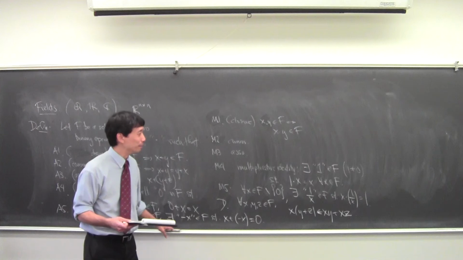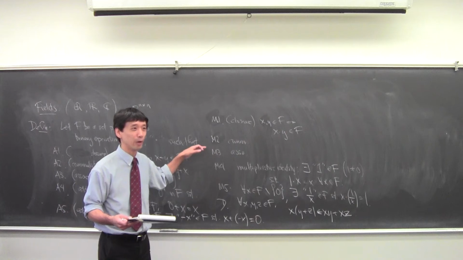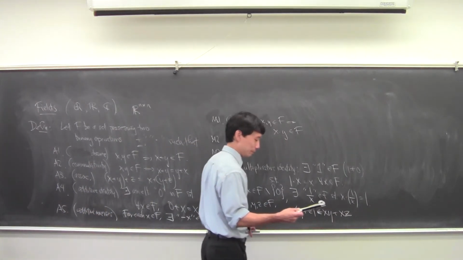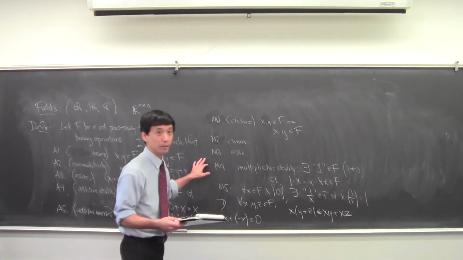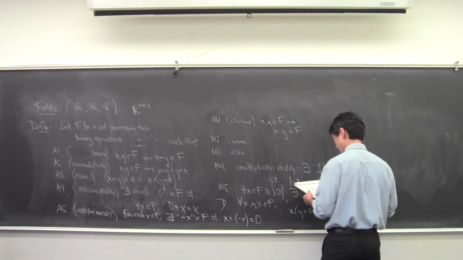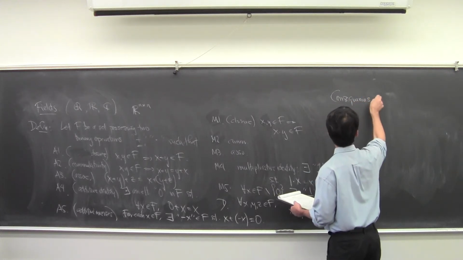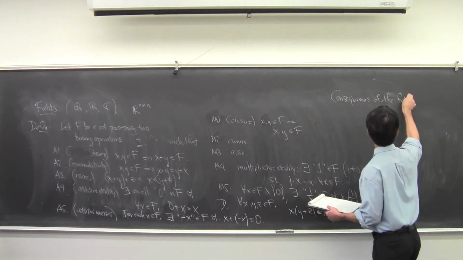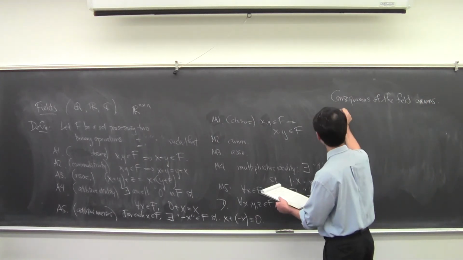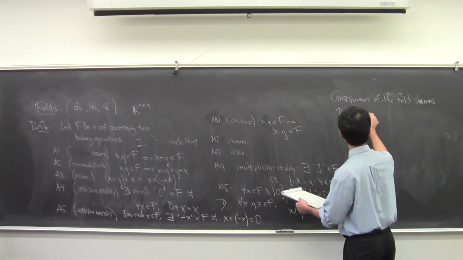Okay. So this is what a field is. There's a bunch of other properties that follow immediately from the axioms. We don't include them in the axioms because they're just consequences of the axioms. So, consequences of field axioms. Here is a proposition.